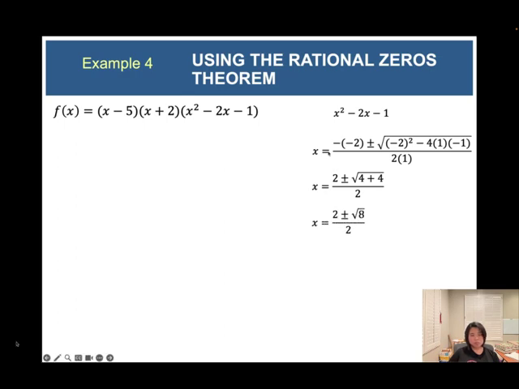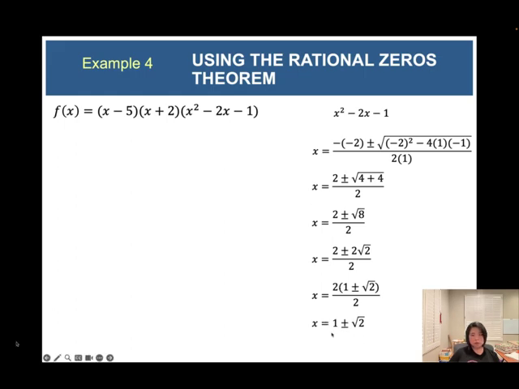Okay, square root of 8, you could rewrite it as 2 square root 2. And make sure you don't just cancel it, because this is a plus minus. What you're going to do is factor out the 2 from the numerator. Take out the 2 here, take out the 2 here. And now I could cancel it, because this is a multiplication.